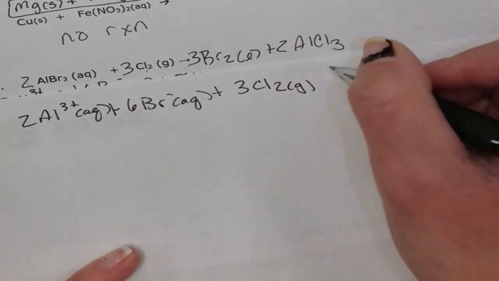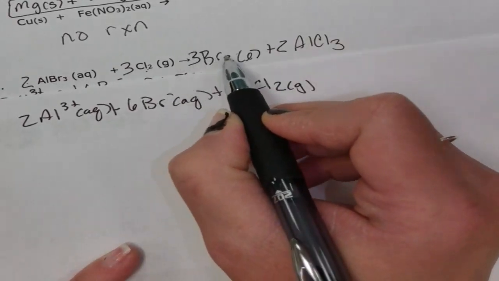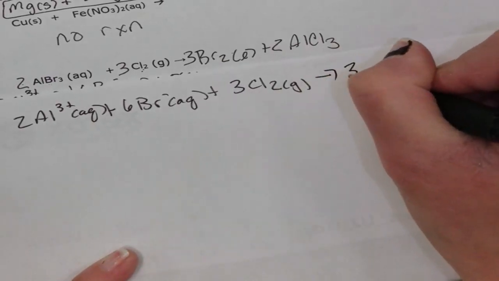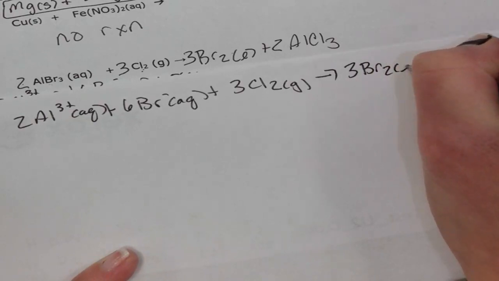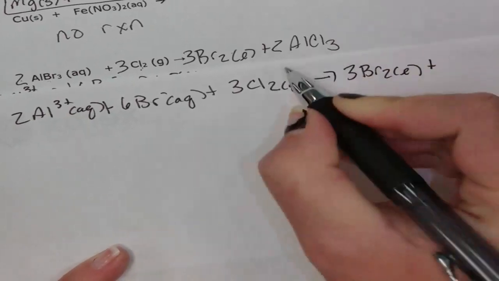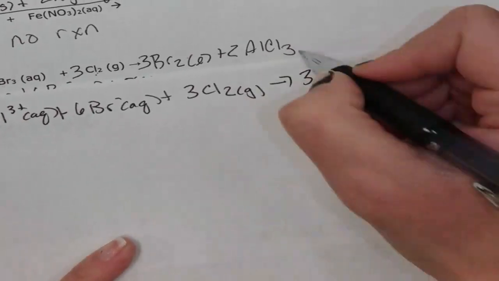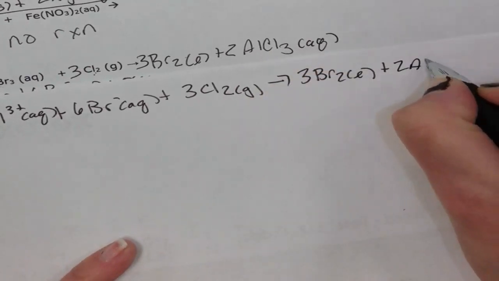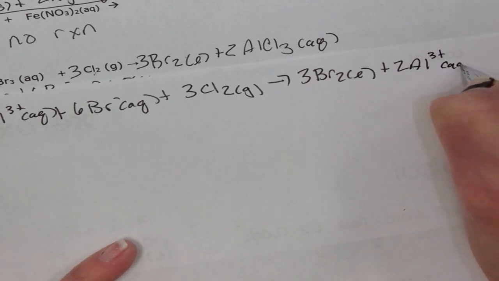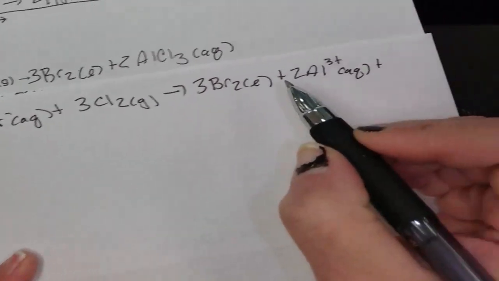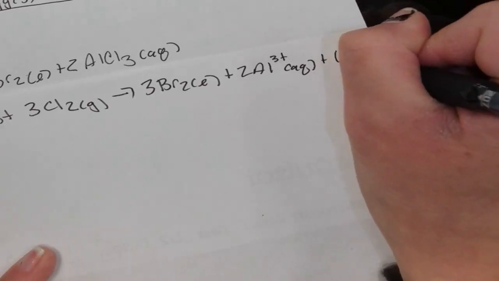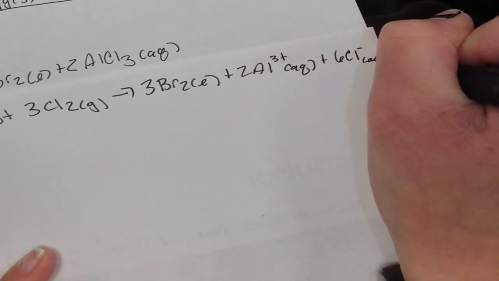There are 6 bromines total, but they are in their diatomic form as a liquid, so I'm going to leave them as is as well. And then I'm going to break apart this into its aqueous components, 2 aluminum ions plus 3 times 2 is 6 chloride ions.